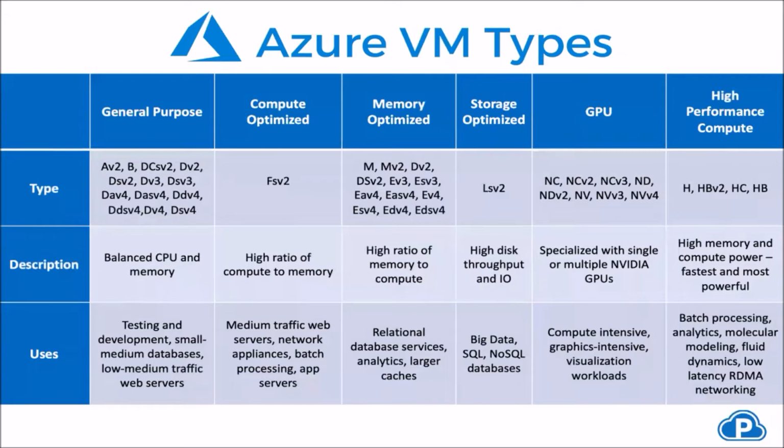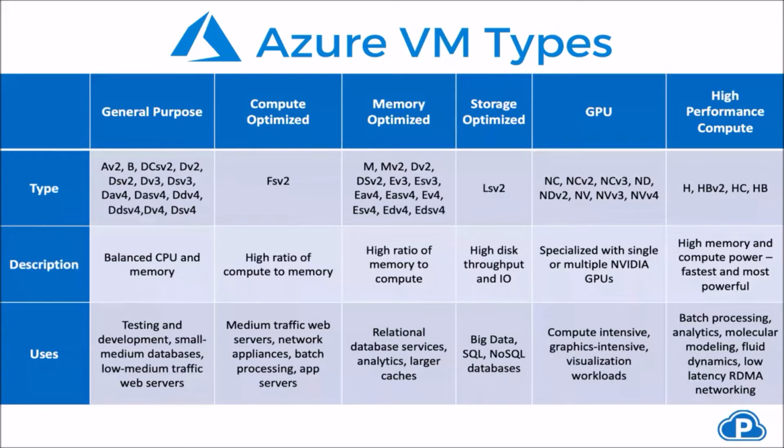LSV2 series is an example of storage optimized. Number 5 is GPU, which stands for graphical processing unit. This type of virtual machines are specialized with single or multiple NVIDIA GPUs.